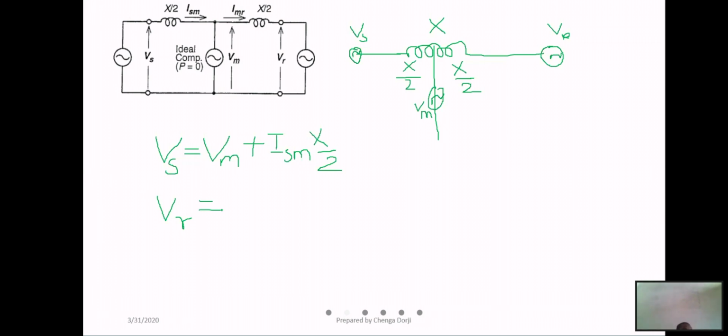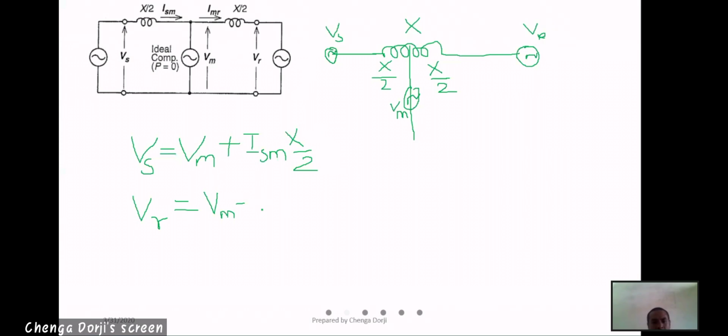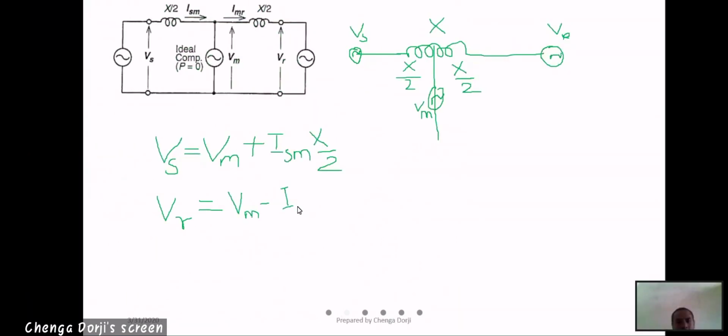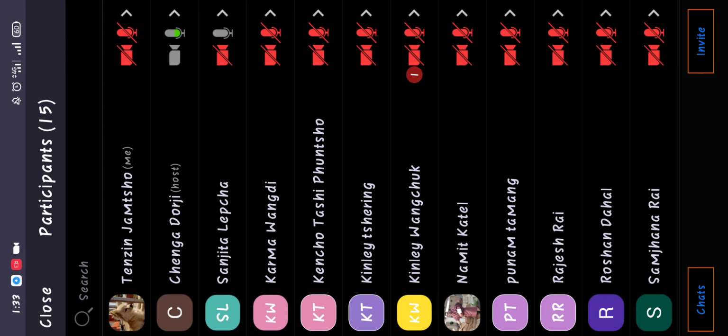VR is equal to VM minus I_MR times X by 2. So these are the two governing equations to draw this.